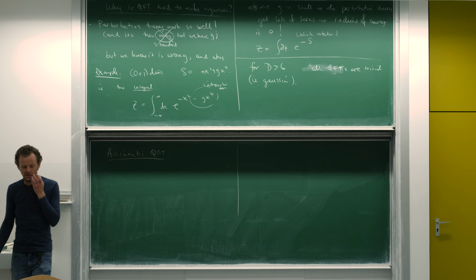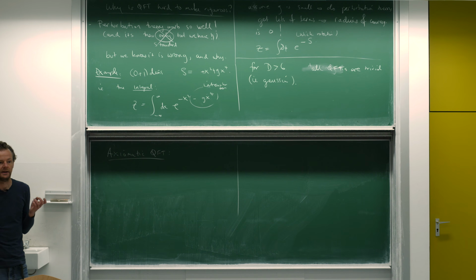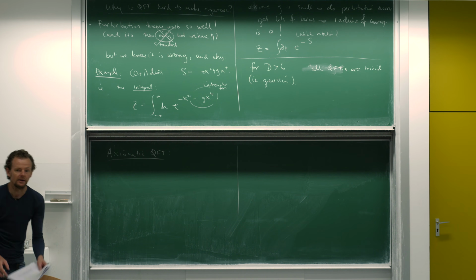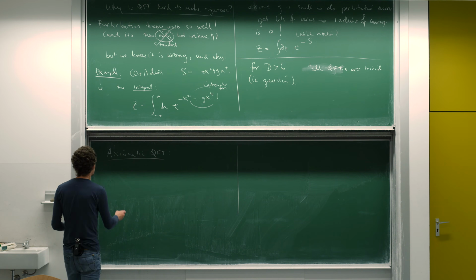In the beginning, there were attempts to work out the axioms that any quantum field theory should obey. And 3 sets of axioms were developed.